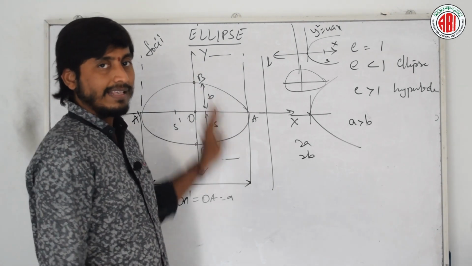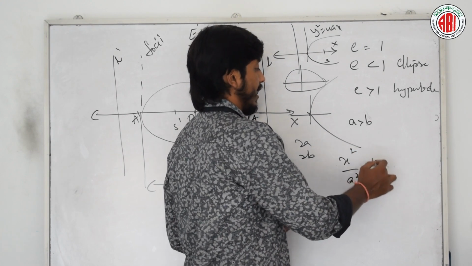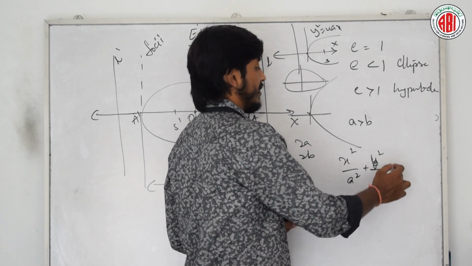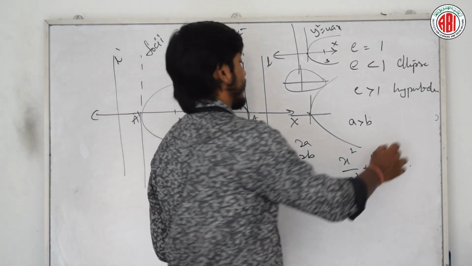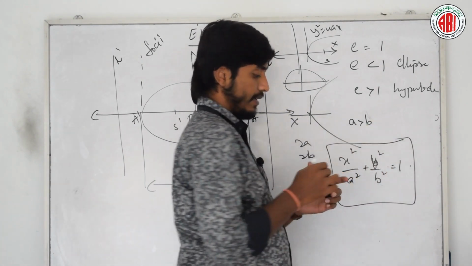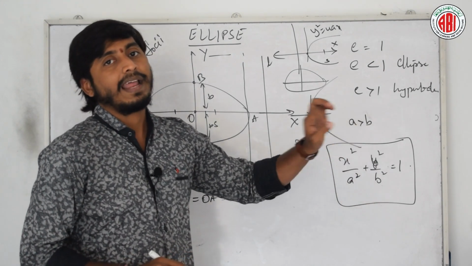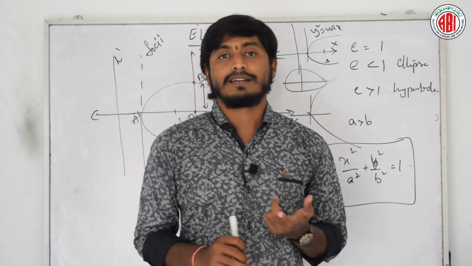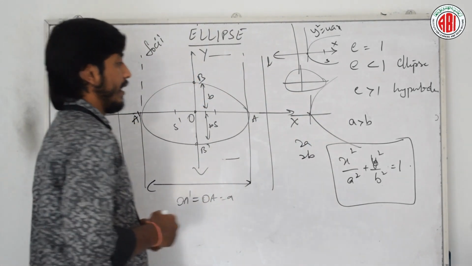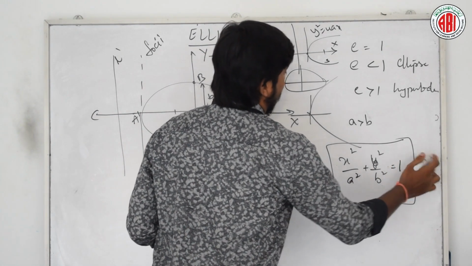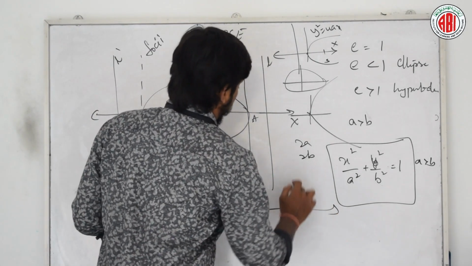By keeping all these things in mind, the standard equation of an ellipse is x square by a square plus y square by b square is equal to 1. Is it okay? This is the standard equation of an ellipse, where a is the semi-major axis and b is the semi-minor axis. Is it clear? Do you understand? That is the main difference you have to remember here. If I represent it as a greater than b, then it is in this shape. What if it is like this?